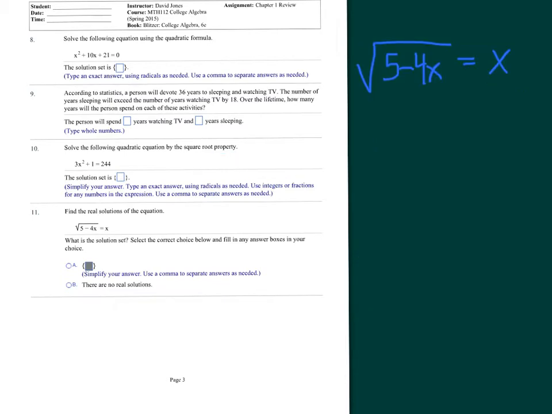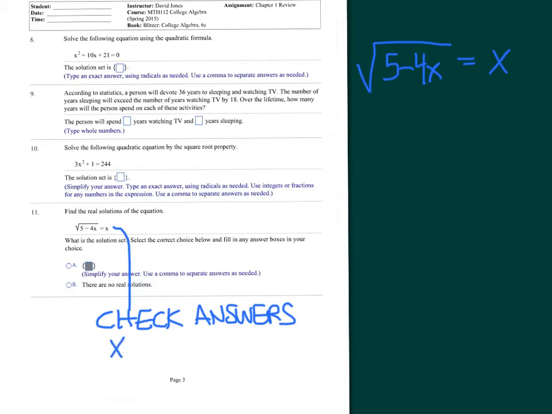Number 11, find the real solutions of the equation. The square root of 5 minus 4x equals x. And this one we'll just want to make sure to check our answers. Since we don't want a square root equal to a negative number.